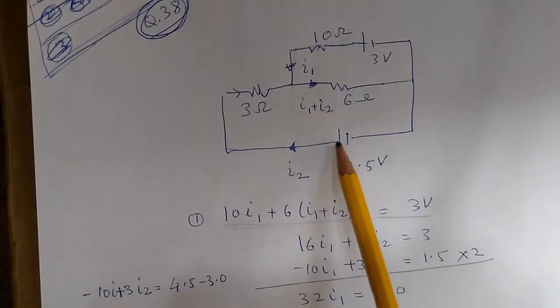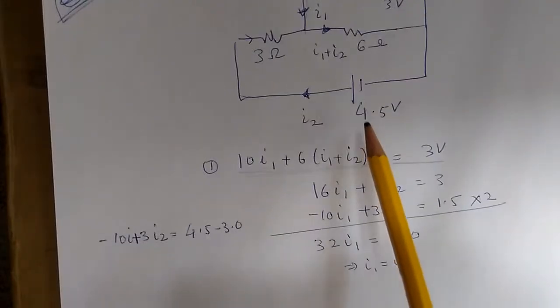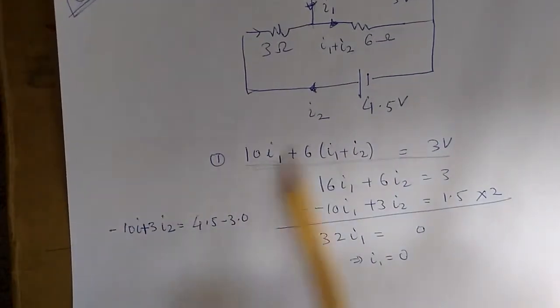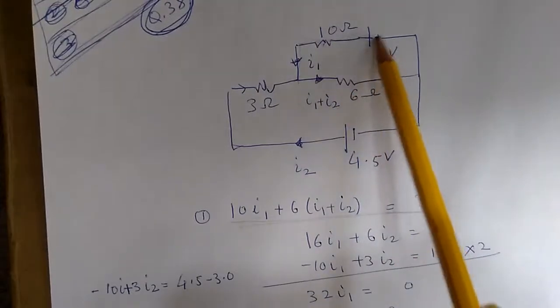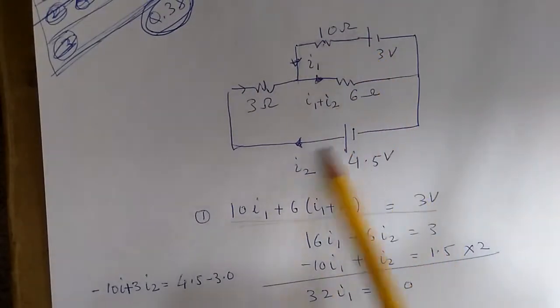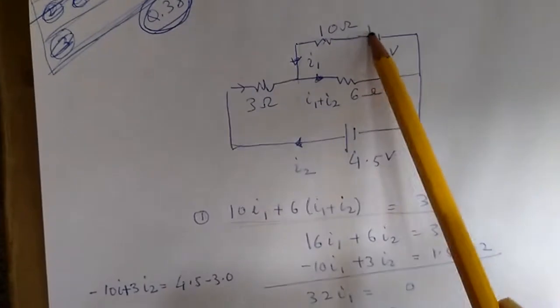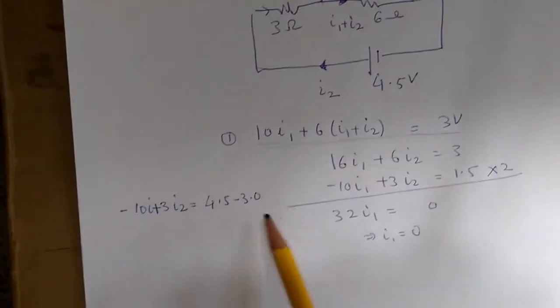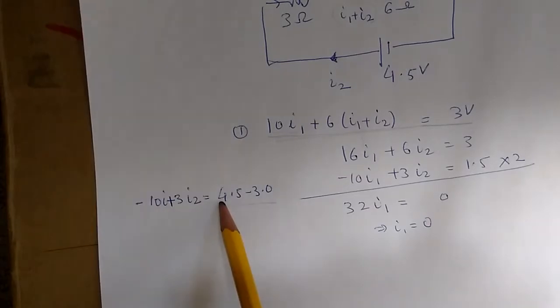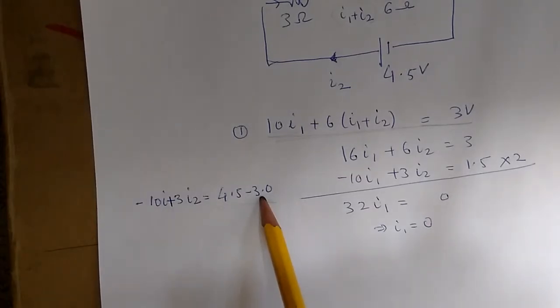then on the left-hand side we put all the batteries. So 4.5 volt is one of the batteries. I keep 4.5. And when we go in this direction, we see that this battery is trying to give out the current in the direction opposite to this. So we will subtract this 3 volt from this battery voltage. We have 4.5 minus 3 volt.